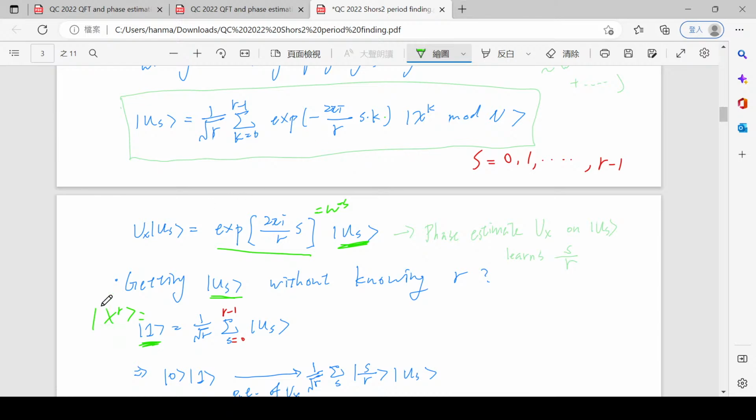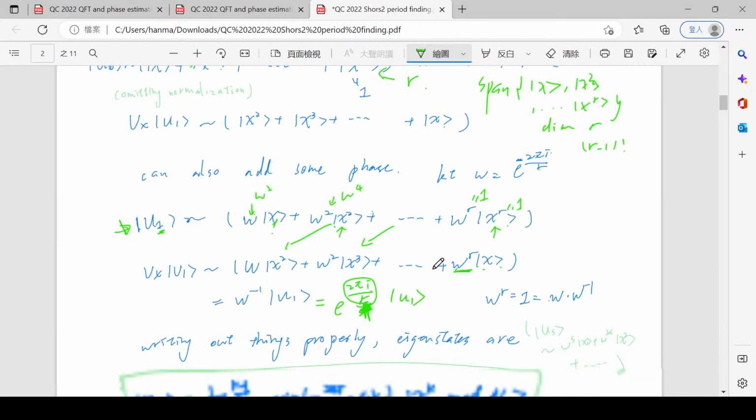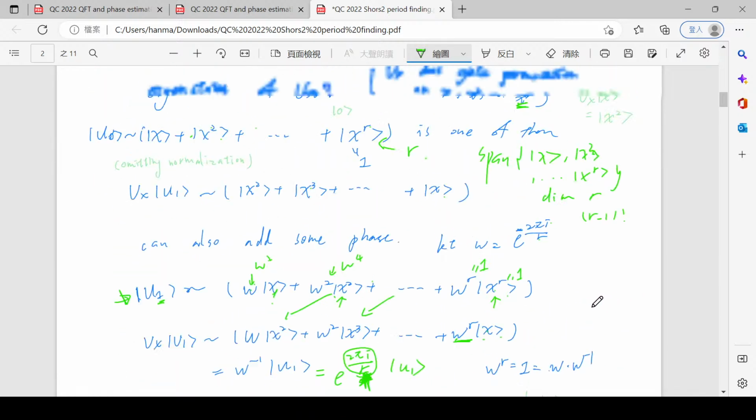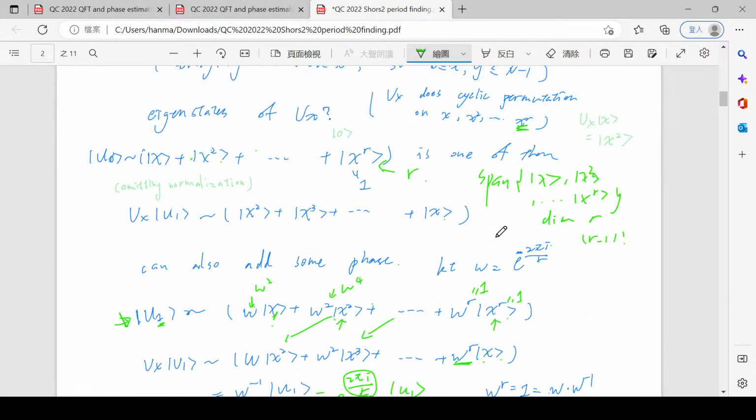So everything except this x to the r will get cancelled. You can see that is true from the Fourier cancellation, because the coefficient in front of x to the r is always going to be 1. So it's not going to get cancelled.